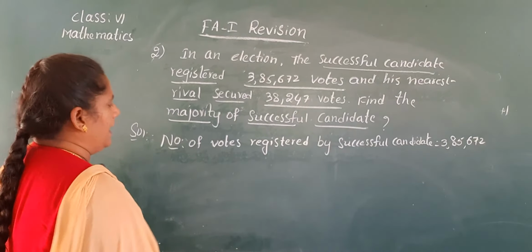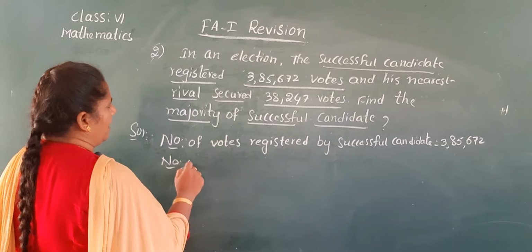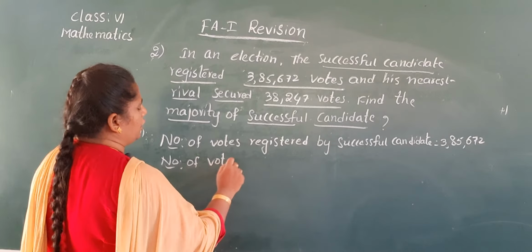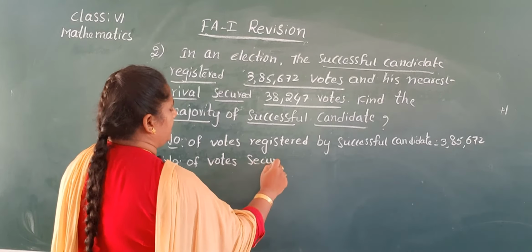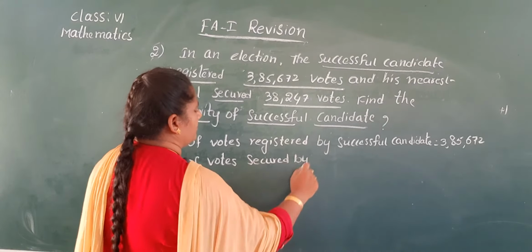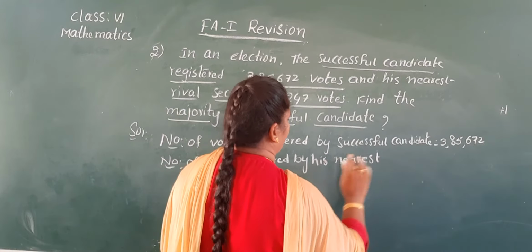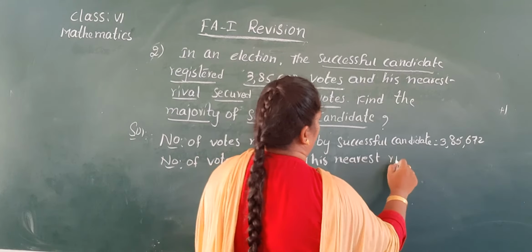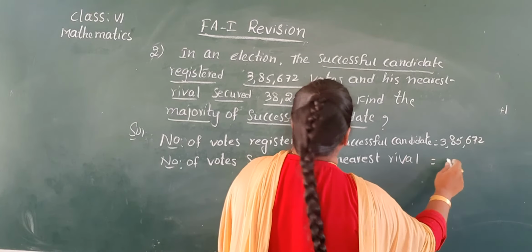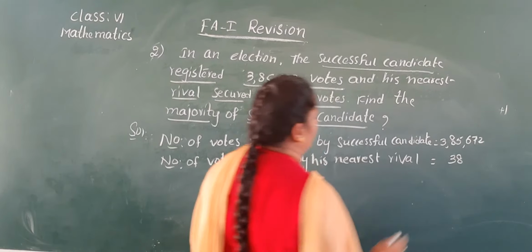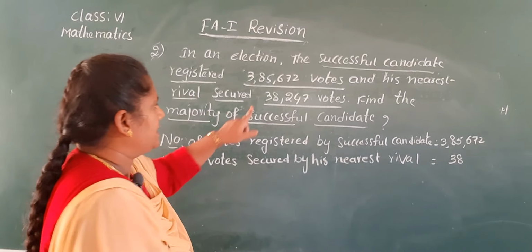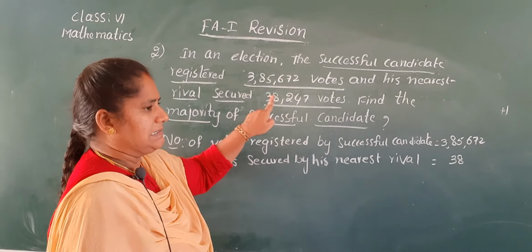And next step, number of votes secured by his nearest rival equal to 38,000. See children, here you must be very careful. It's not in lakh. So this is 38,000.